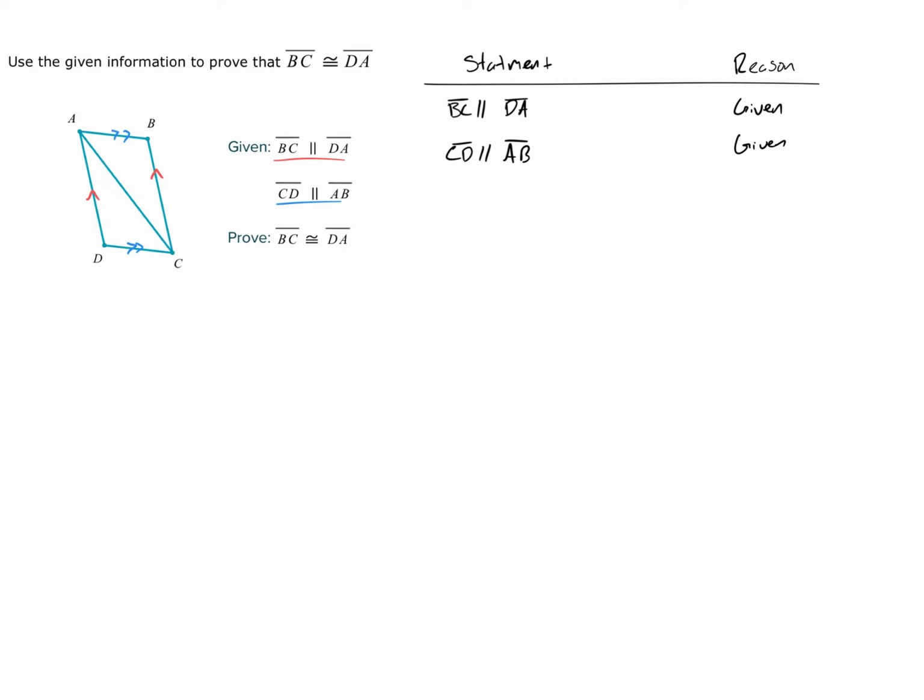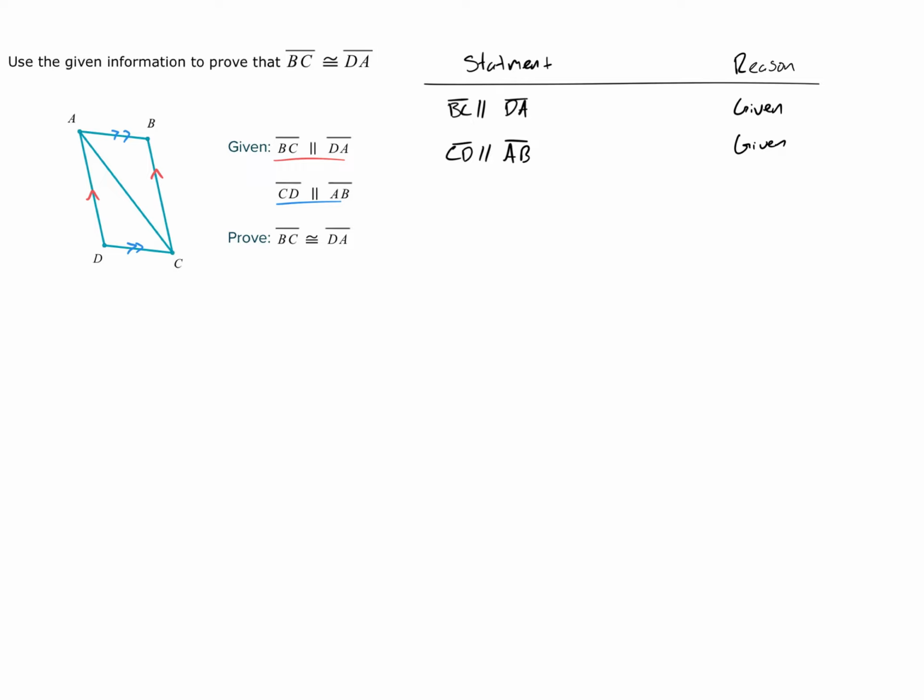But kind of the idea is that I want to first show that this triangle, ABC, is going to be the same as this one, which would be CDA. So that's kind of like my preliminary one that I'm going to do, and then I will get to proving this. So here we go.